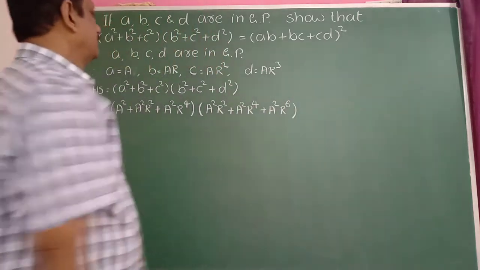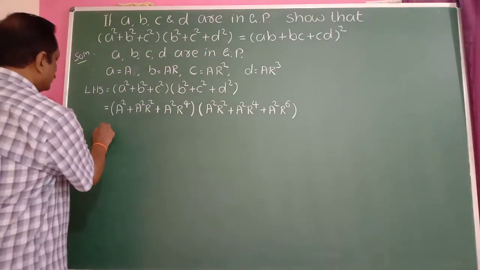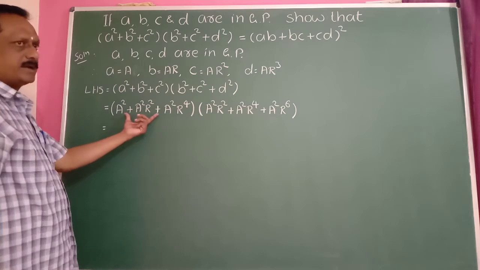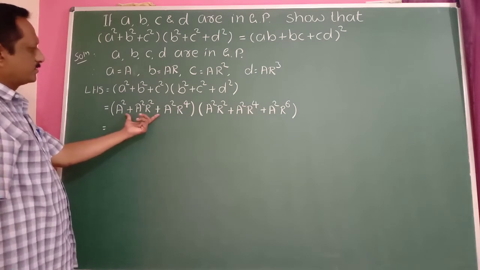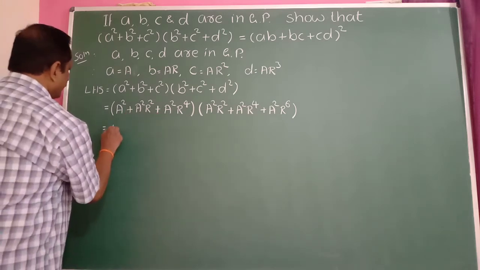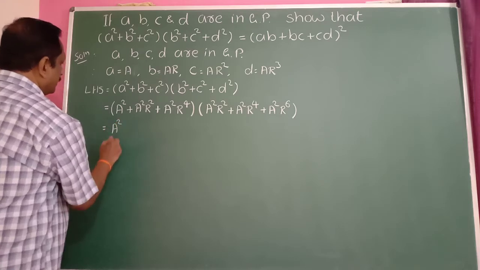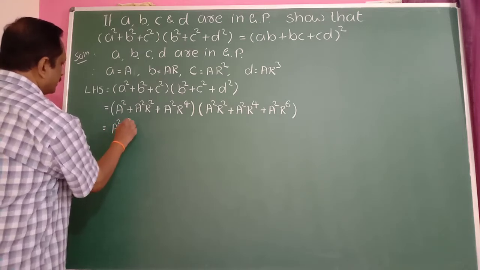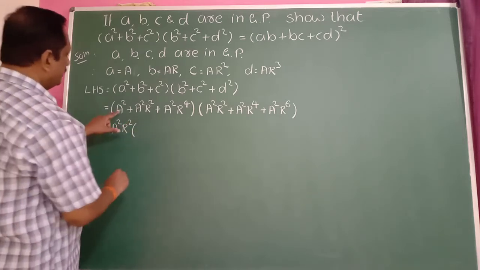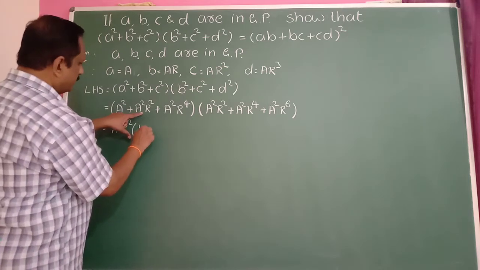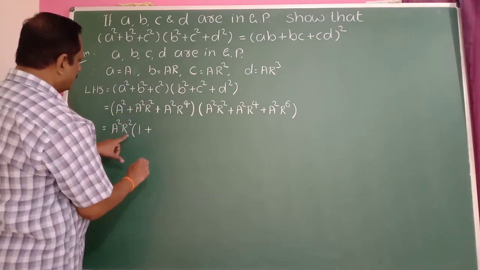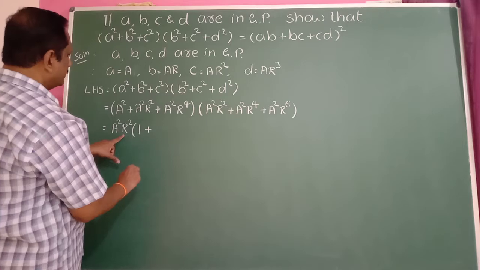Then this is equal to, from this bracket, a square r square is the common factor.